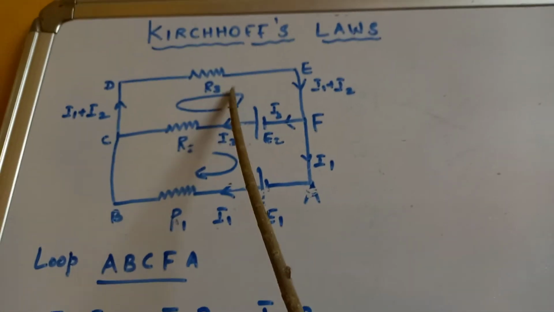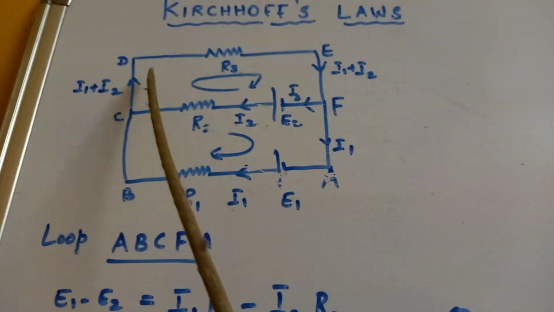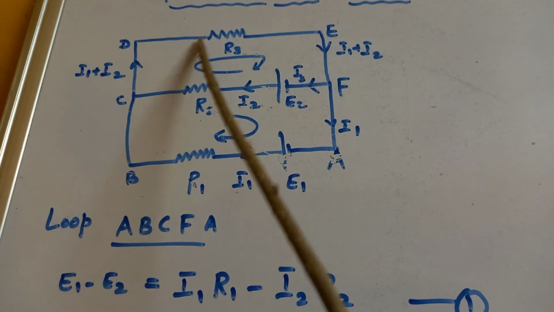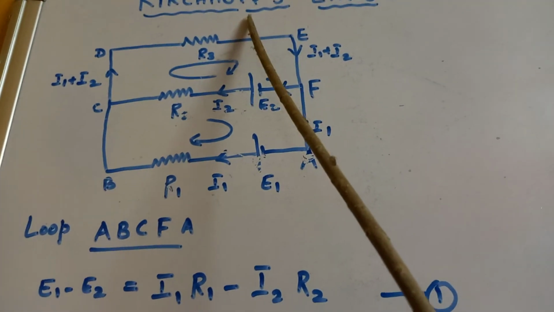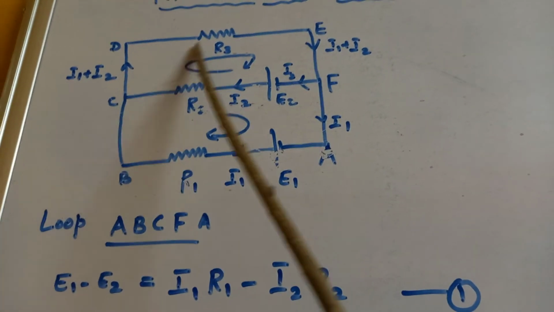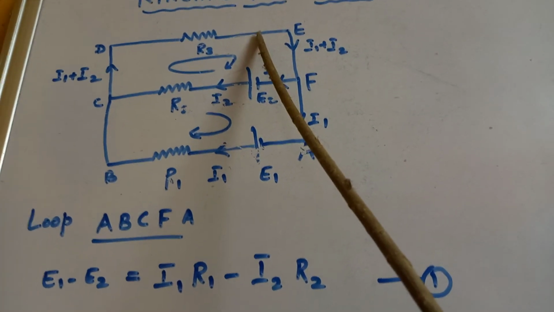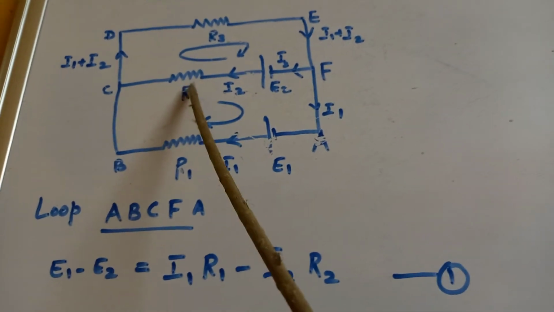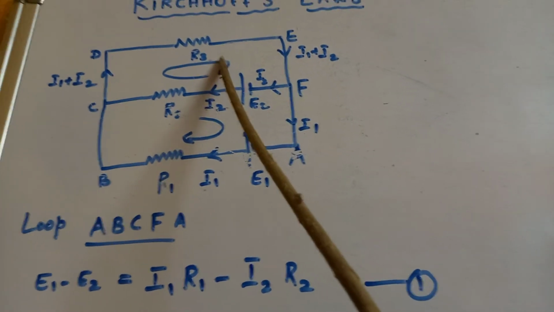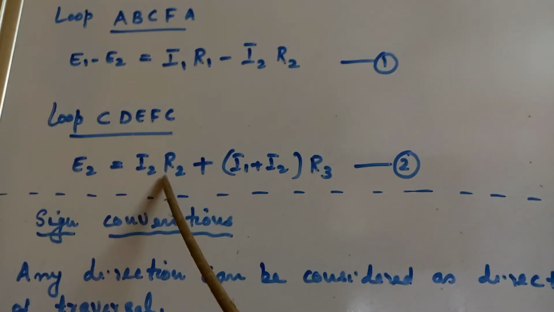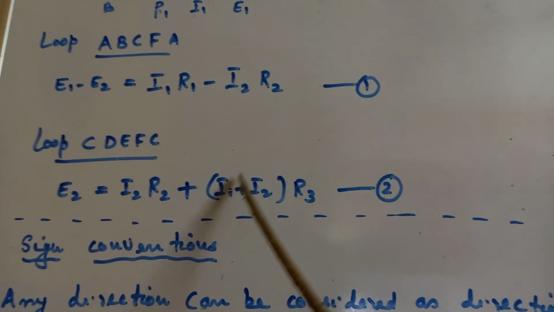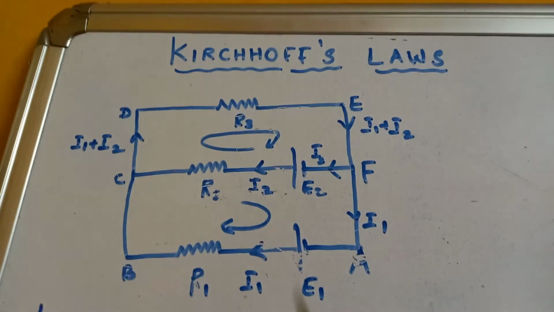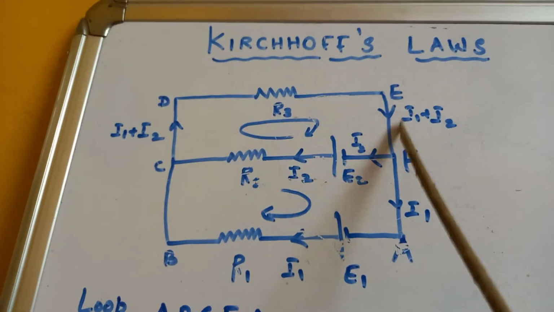Now consider R3. C, D, E is the direction of traversal through the resistor R3, and the direction of I1 plus I2 is the same direction. So both potential drops, across R2 and R3, are positive. The net will be I2 R2 plus (I1 plus I2) into R3. Now we have to see if any cell is there in that loop. One cell is there, E2.